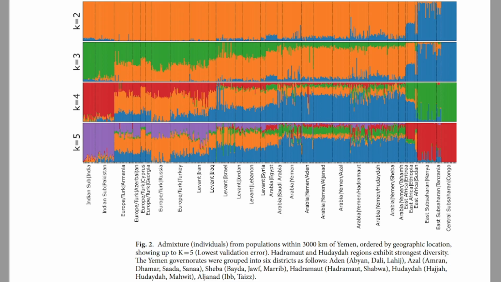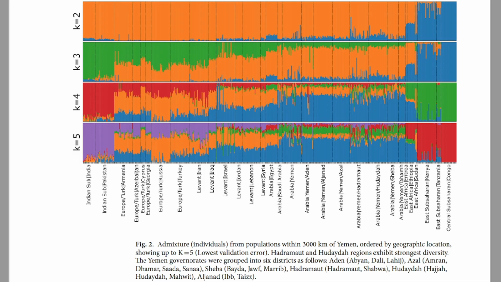The key observations are noted with the strongest diversity in Hadramaut and Hodeidah, suggesting these regions may have experienced extensive genetic mixing. Validation and error.